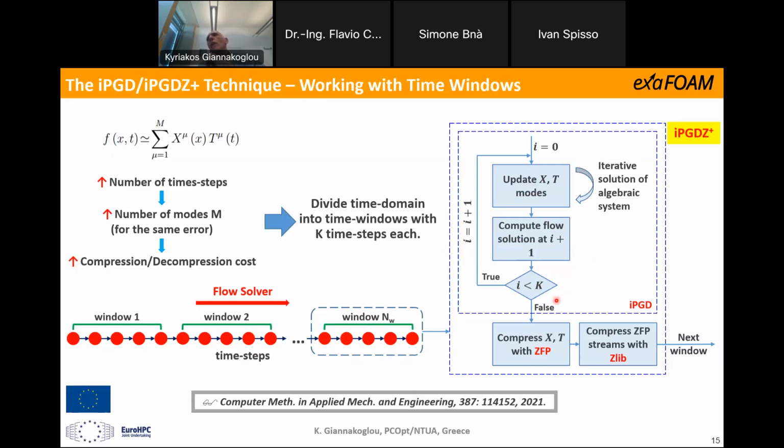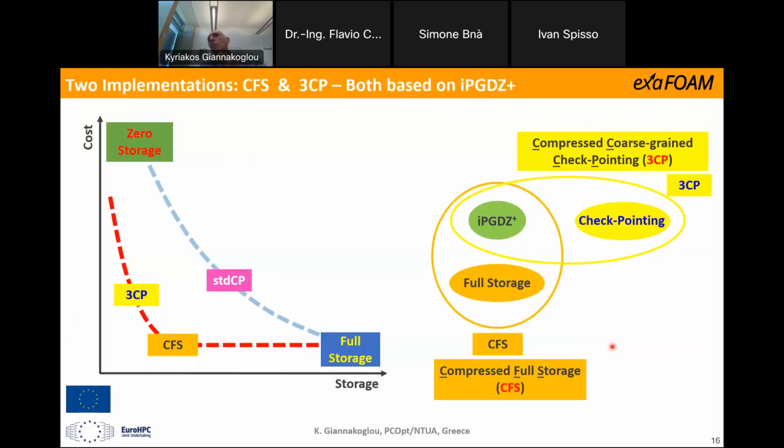The spatial and temporal modes computed by IPGD are additionally compressed in a lossy way by using ZFP, and the outcome of that is additionally recompressed using zlib. We will see what you are gaining in a bit.